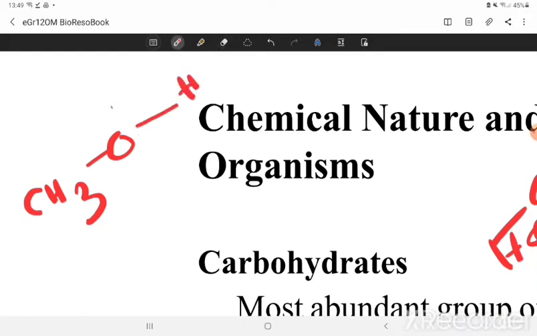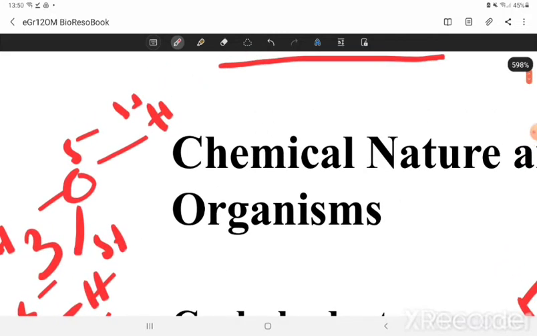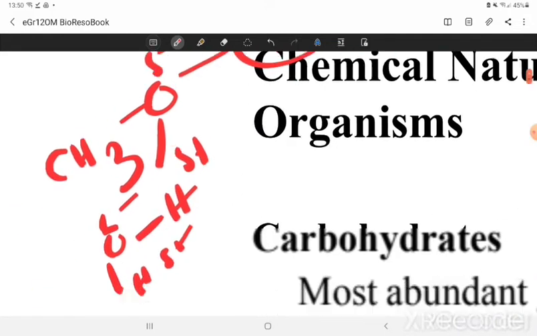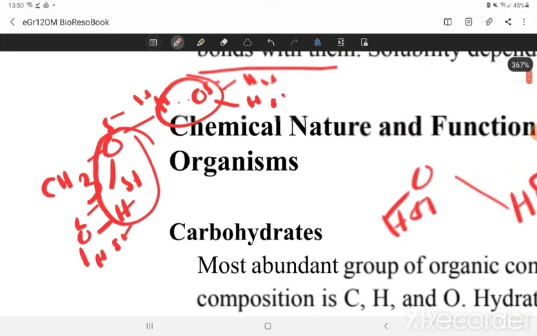It's delta minus, delta plus. So the H delta plus interacts with the O of the water, and with the H delta plus here, the O delta minus of water can interact. So they can form what we call hydrogen bonds. This is another hydrogen bond, as you can see.